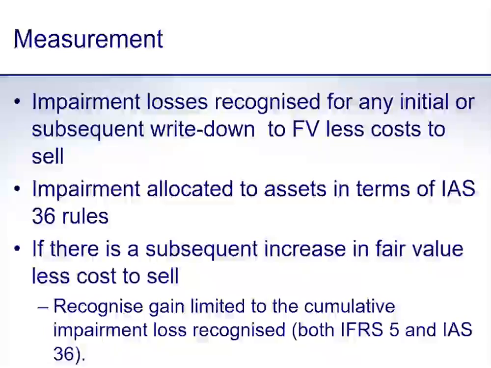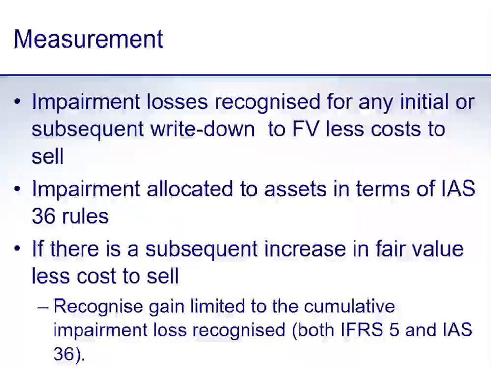As part of the measurement process, we may also be required to see whether there may be any impairment issues. Where the carrying value of our asset happens to be lower than the fair value less cost to sell, then we need to take an impairment loss immediately through the books. There's no two ways about this. There's no negotiation.